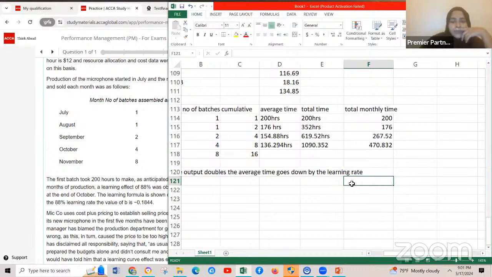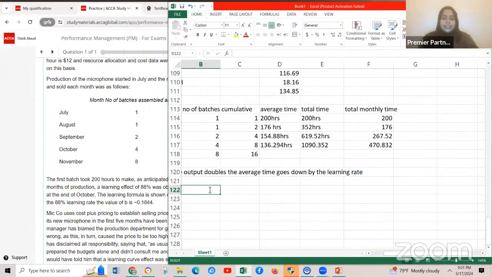The last batch that was made in October, the learning rate ended. So which batch is that? The 7th batch. The time taken for the 8th batch will be the time taken for all other batches after that. So we have to find the time taken for the 8th batch because learning stops at the 8th batch, right?